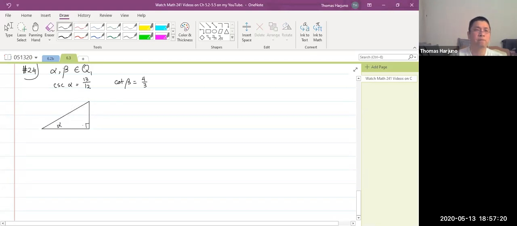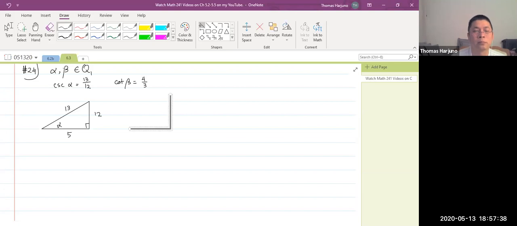Cosecant alpha is 13 over 12, so this is 13, this is 12, and by the Pythagorean theorem, this is 5. If I have beta, cotangent, this is 4, this is 3, this is 5.